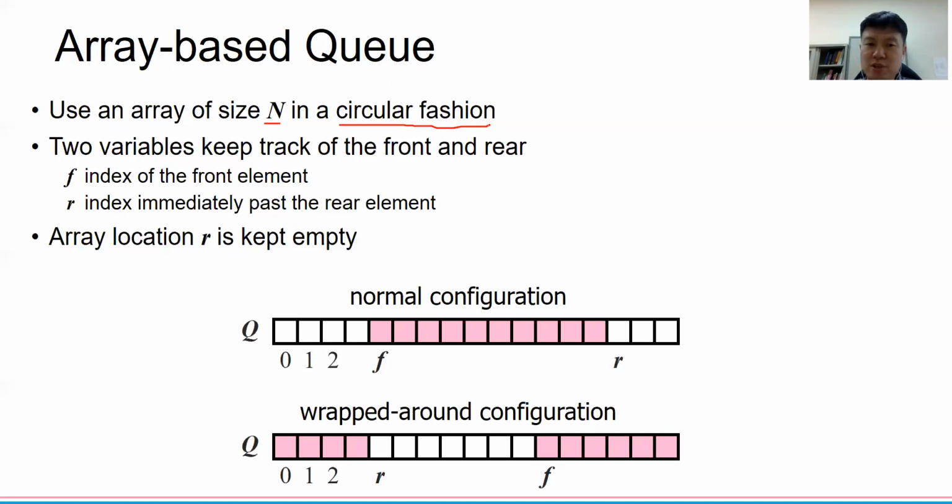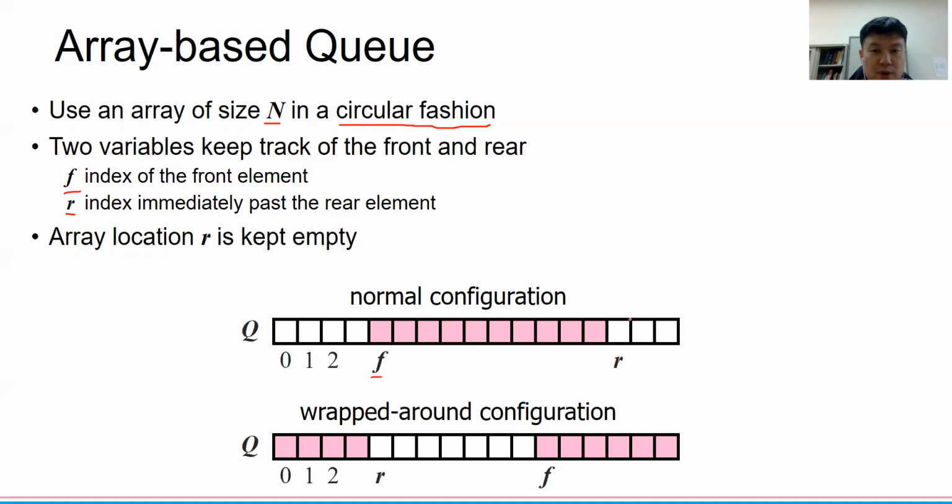What is circular fashion? In the normal configuration, let's say I have two variables, f and r. What is f? f is the index of the front element, and r is the index just past the rear element.